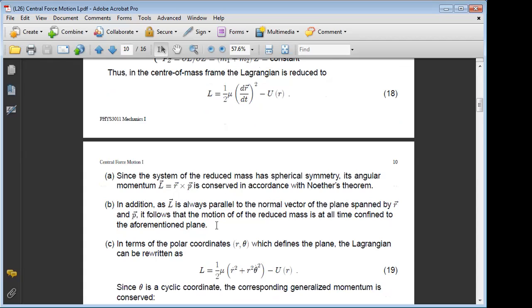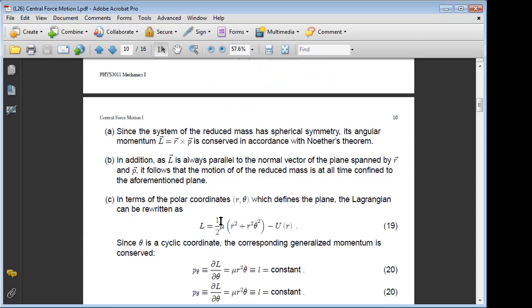So the motion of the reduced mass must be confined to a plane perpendicular to the L vector. And as I mentioned before, we can always choose the angular momentum axis to be the z axis, and the plane in which the reduced mass particle is moving is the xy plane, right?